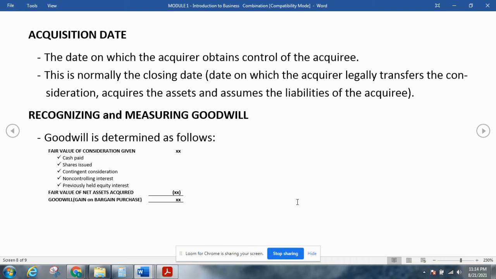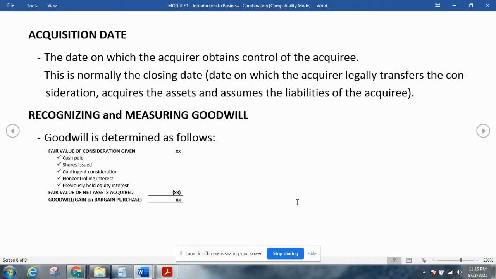For recognizing and measuring goodwill, if there is a difference between the consideration given and the fair value of the net assets acquired, then we recognize goodwill or gain on bargain purchase.